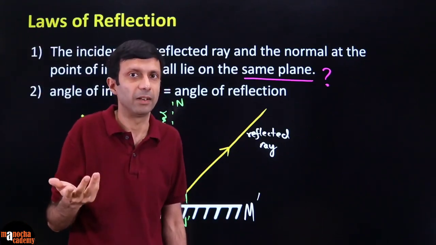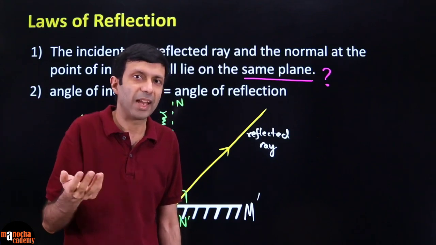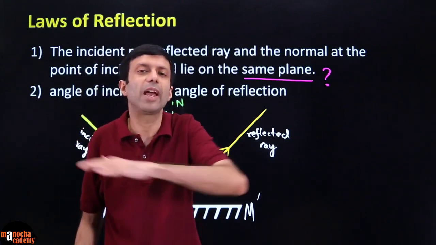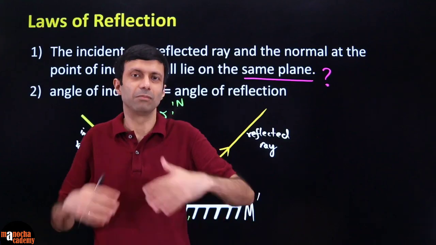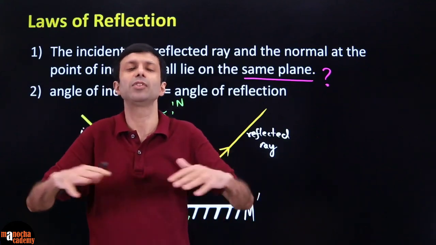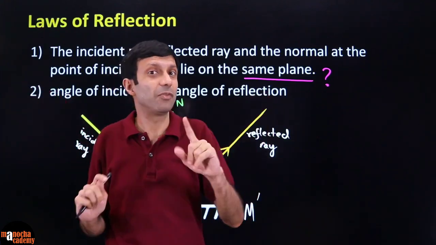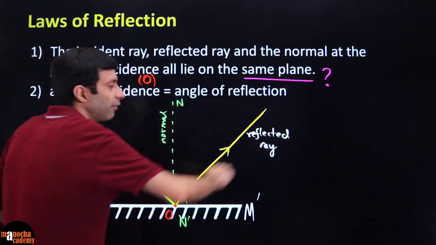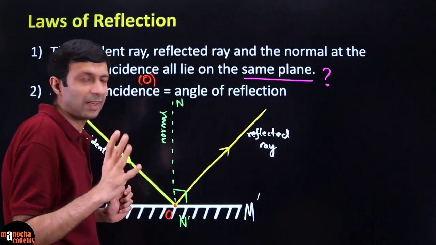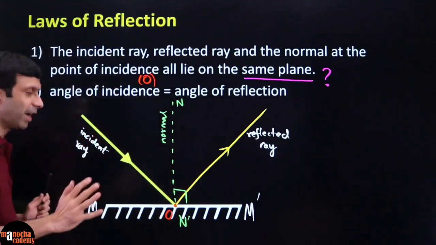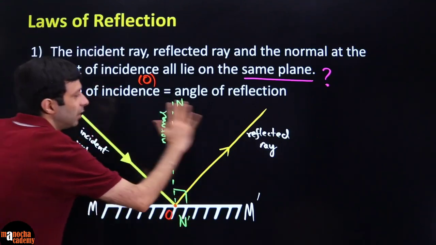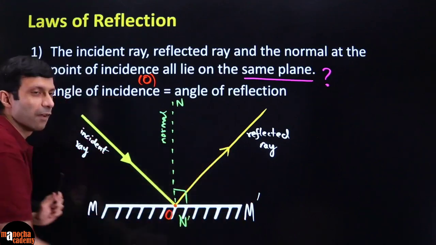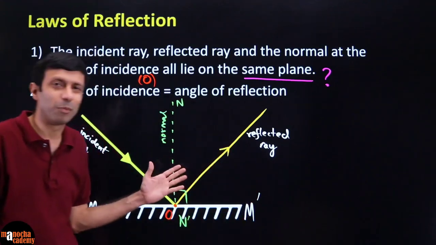Then where is the plane? The question is, where are they lying? Just like when you are sleeping, you lie on a bed, right? So the bed is your plane, your flat surface, you lie on the bed and sleep. Here, where are the incident ray, the normal and the reflected ray lying? Where is their bed? You can see this flat surface. Very good. Basically the digital board here, right?